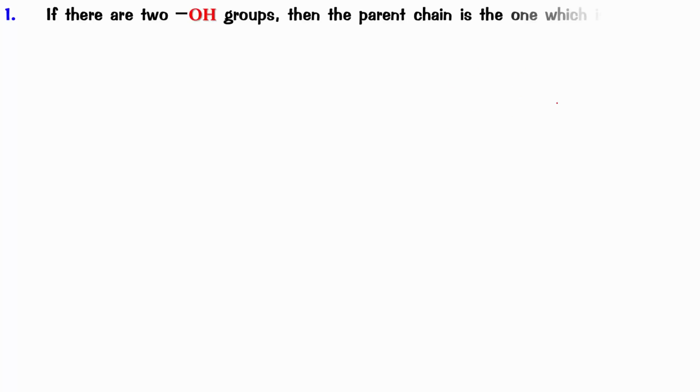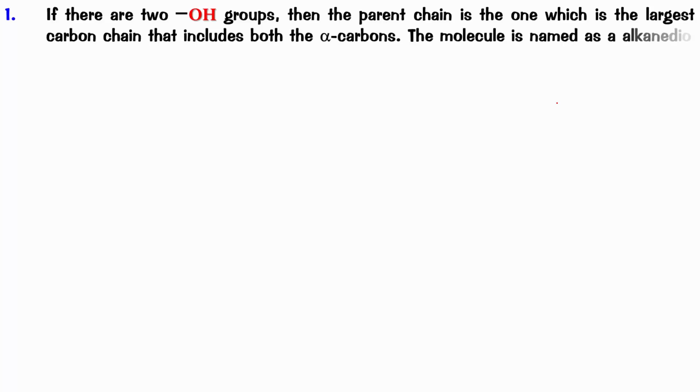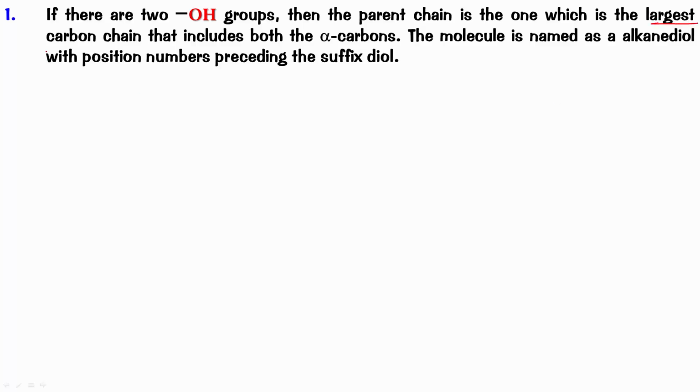So, if there are two OH groups, then the parent chain is the one which is the largest carbon chain that includes both the alpha carbons. The molecule is named as an alkane diol with position numbers preceding the suffix diol. Now remember, I'm talking about the largest carbon chain because I'm going to take an example of a saturated carbon.